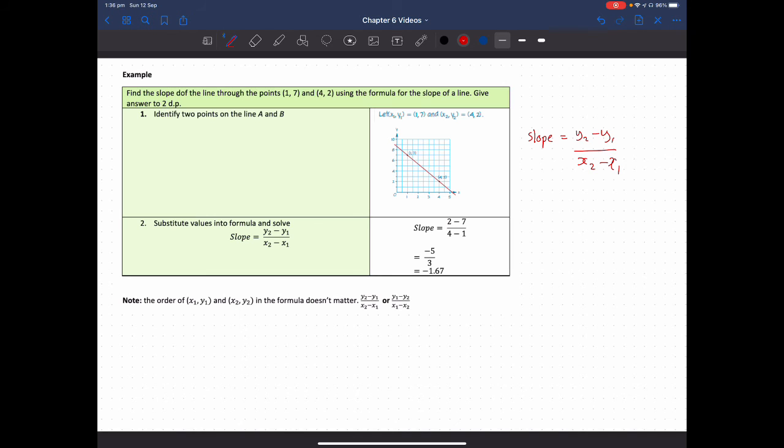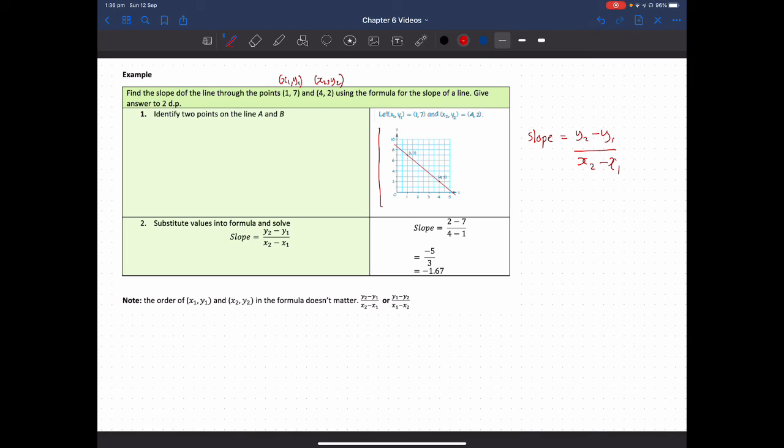This graph has been drawn for you to visualize what the answer would be like. You can see the line is going down across the page, which means that it will be a negative value. My first point is the point I'm going to call x1, y1. The second point is the point I'm going to call x2, y2.